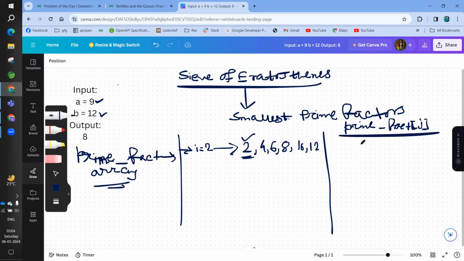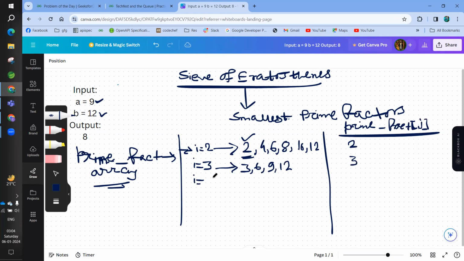Here we will store it as 2. When i equals 3, we do the same for the prime numbers. Just multiply 3, 6, 9, 12. So here we will set prime fact j as 3.